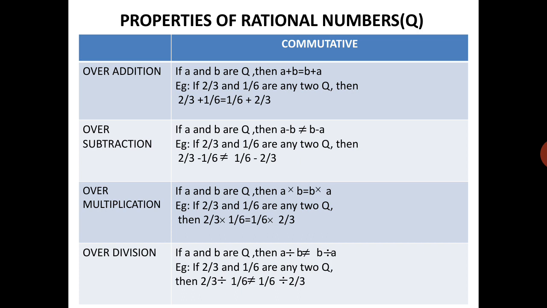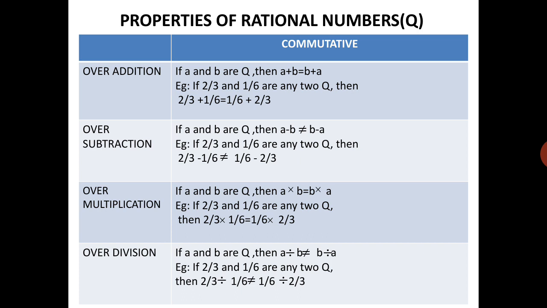Finally, we come to division. If a and b are rational numbers, then a divided by b is not equal to b divided by a. In this case, when you change the order for division, your answer will not be the same on both sides.